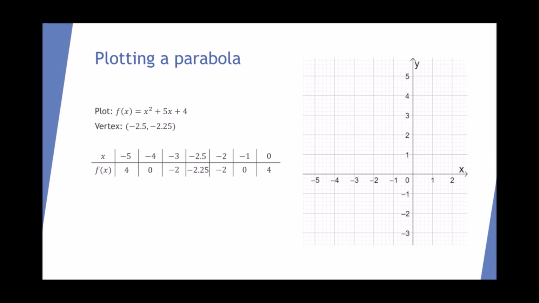We can fit in that -5 to 0, we can fit in that -2.25 to 4, and we have a bit of extra space. So then what we're going to do is we're going to plot each of those points. So we've got -5, 4, -4, 0, etc. We can add all those points into our coordinate system.